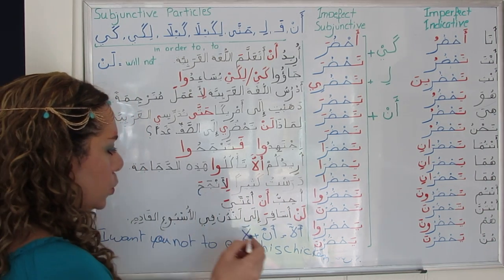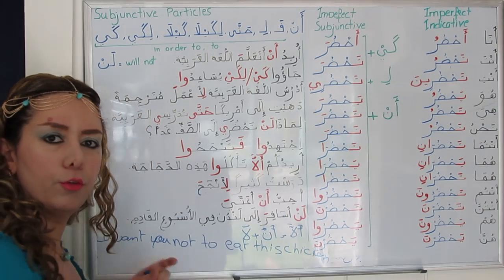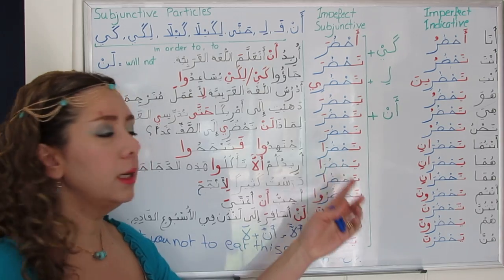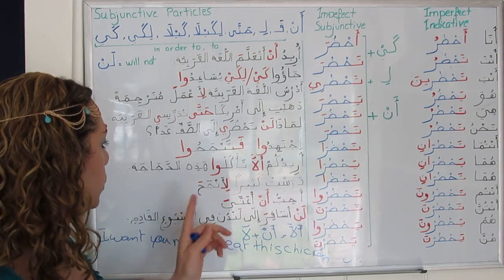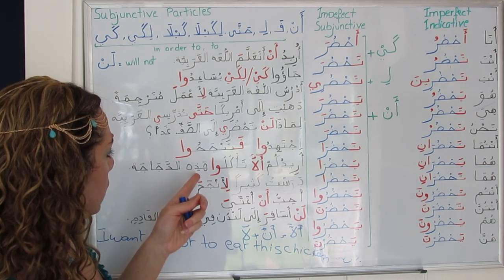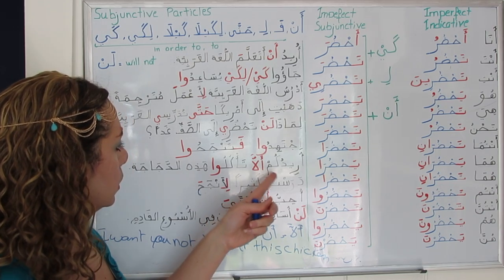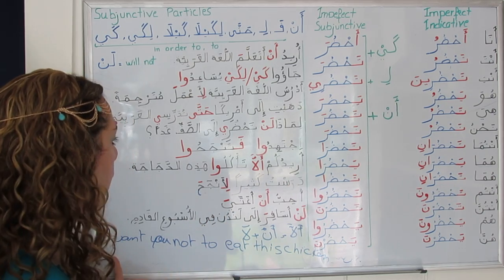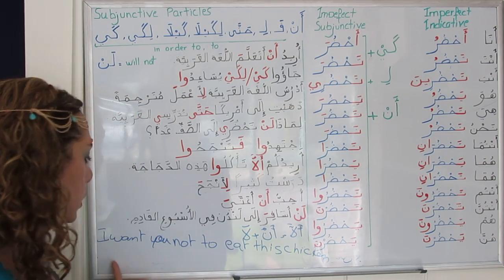If you want to use both particles. So we will have la before the verb, the main verb. لا أريدكم أن, that you eat this chicken. Or I don't want you to eat this chicken.